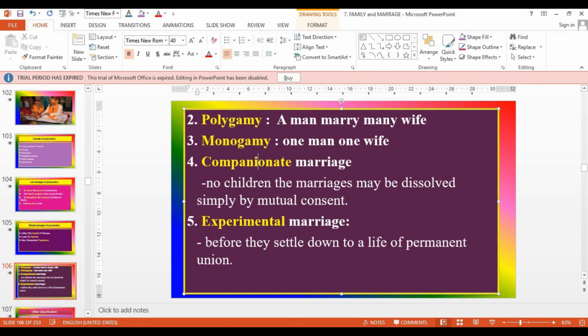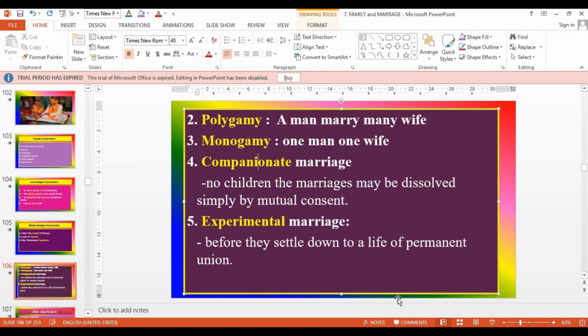In the time of experiment, what difficulties do they face? Are they able to live together after the marriage, yes or no? In that time they study their relationship and interactions, then decide whether to get married or not. So this type of marriage is called experimental marriage.